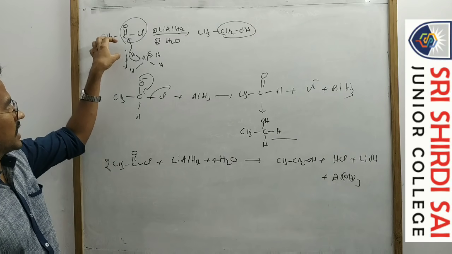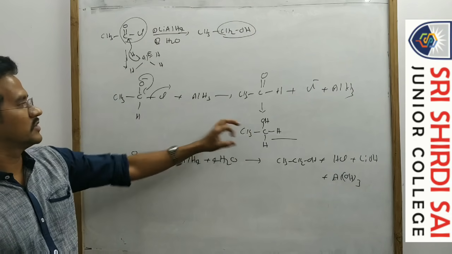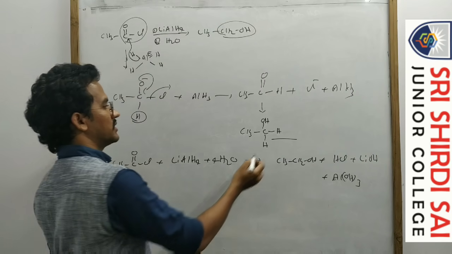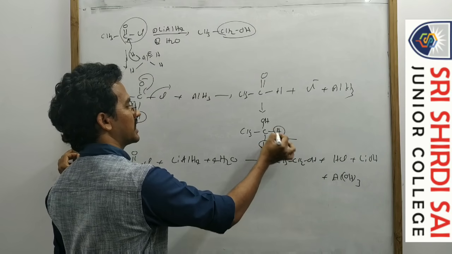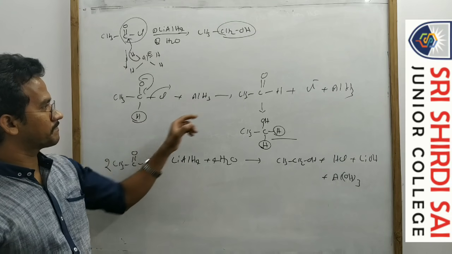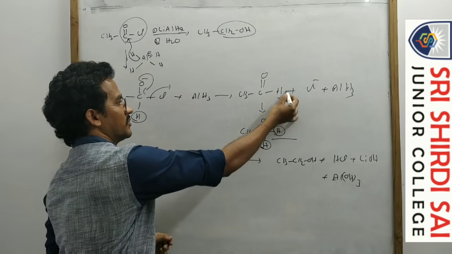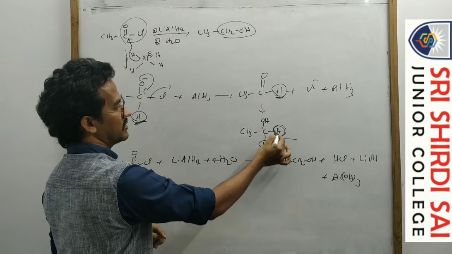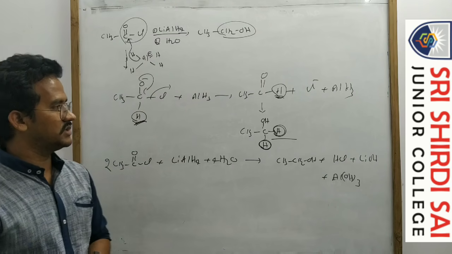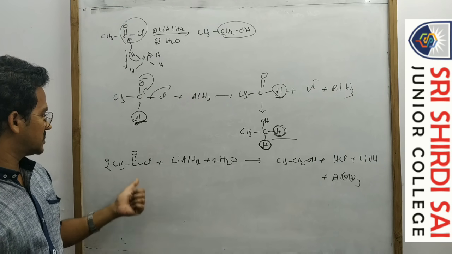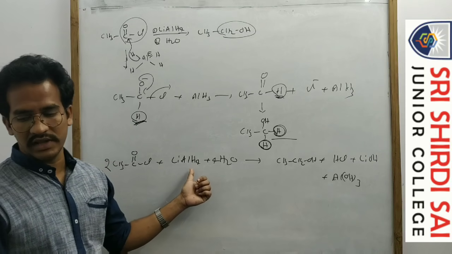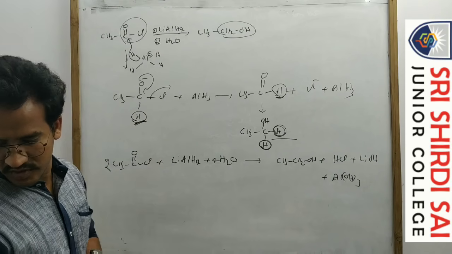So this acid halide is converted to alcohol. One hydrogen comes from the LiAlH4, and a second hydrogen, and the next hydrogen again from LiAlH4. So in this case, 2 equivalents of the acid halide are consumed by 1 equivalent of the LiAlH4.